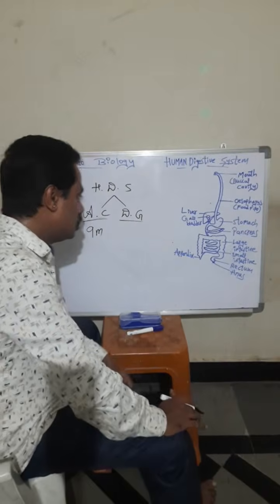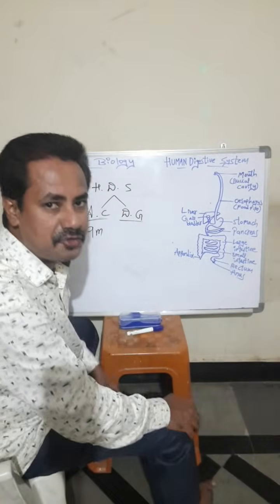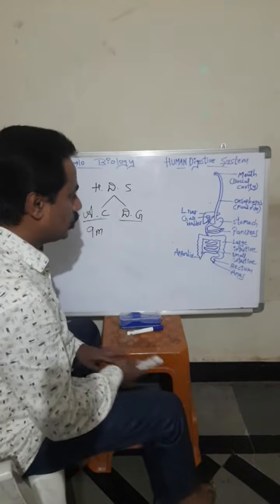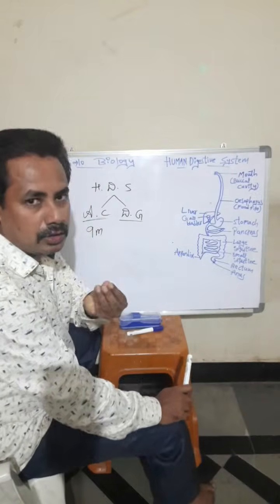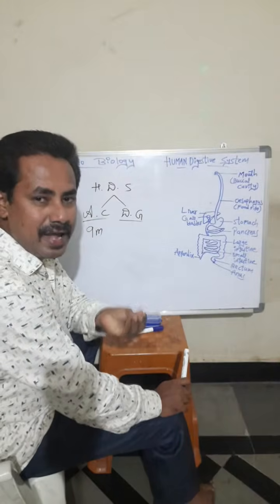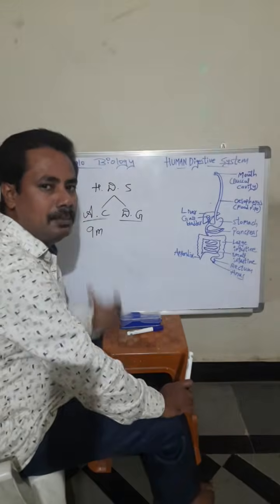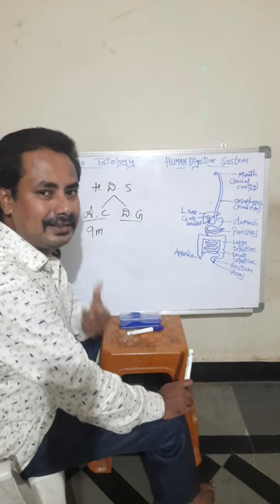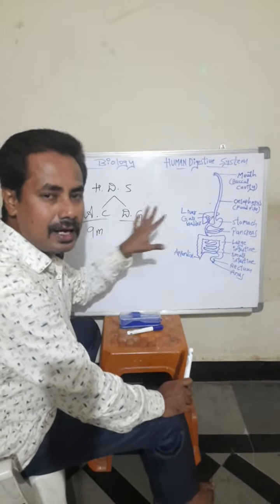Fine. Before starting that, let us try to understand the parts of the human digestive system. Here you are observing the mouth. The food we have to ingest, we have to take from the mouth. Mouth has tongue and teeth. In detail about tongue and teeth we are not studying in class 10.